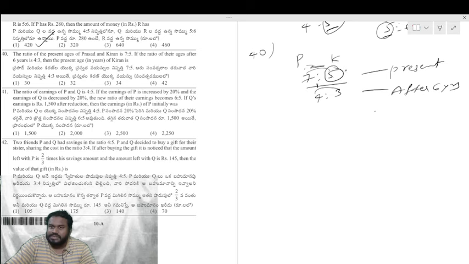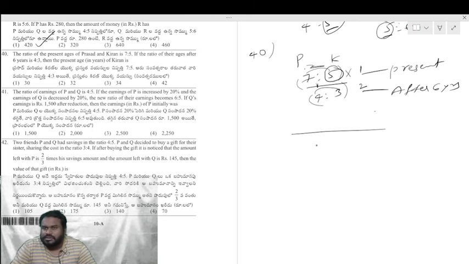I'll multiply this with 1 and this with 2. Then it becomes 7 is to 5 as it is, and 8 is to 6. Now the difference is 2 and there also the difference is 2, so they are proportional ratios.